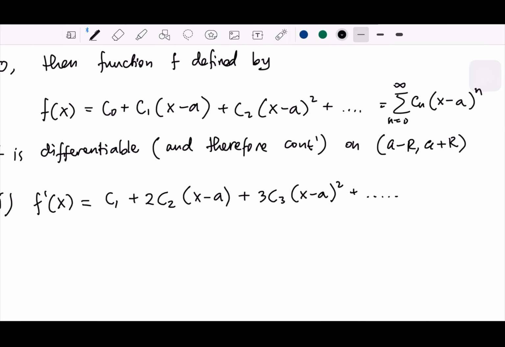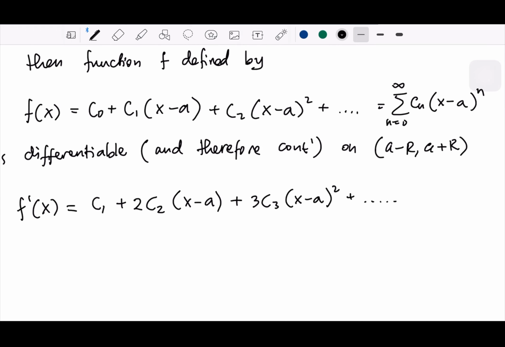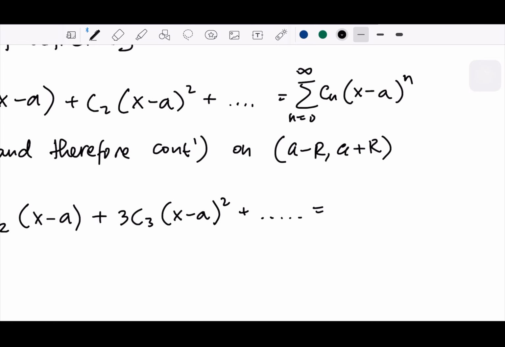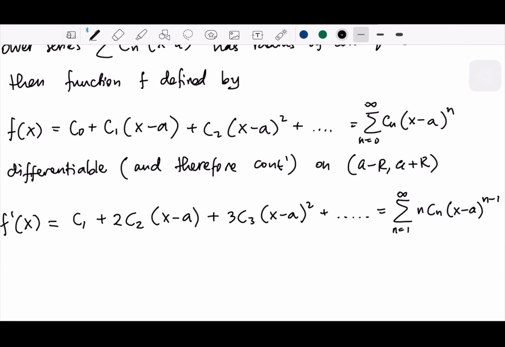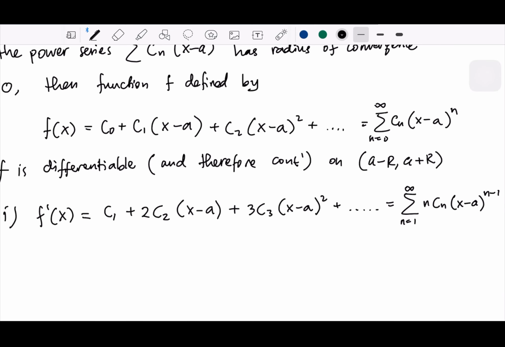Okay. And equal, we can differentiate the sum. This is n, cn, and then x minus a to the power of n minus 1. Okay.